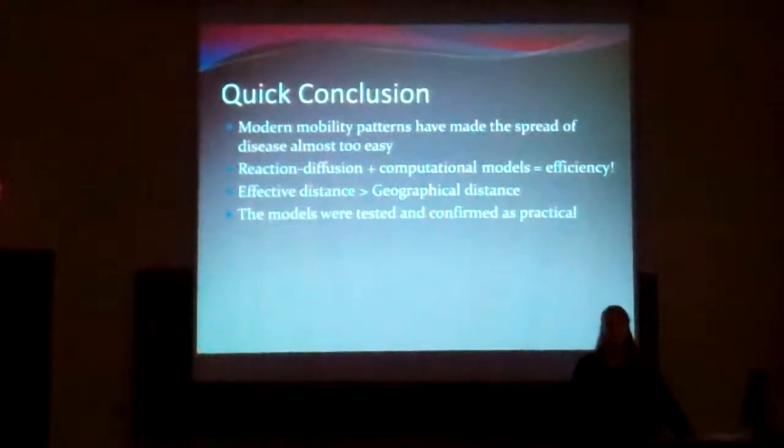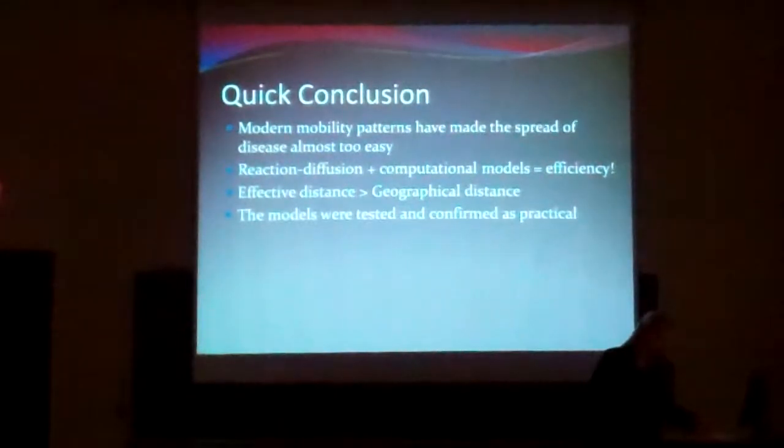It can also help with the other key questions, like how fast it's going to travel to another location. Effective distance is greater than geographical distance. I showed that in the tested models. It's a lot more accurate at pinpointing specific locations. It's more disease specific. And these models were tested and confirmed as practical. So epidemiologists can use this model as suggested by the research scientists.